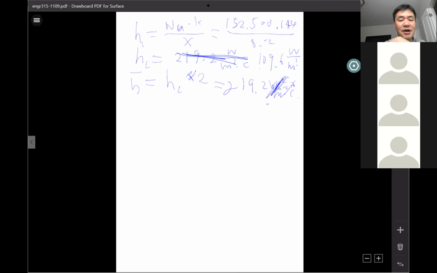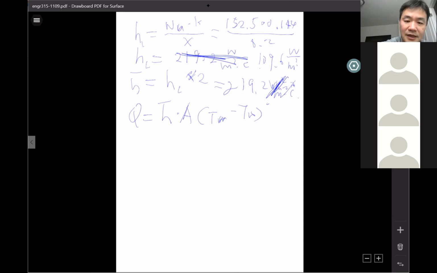Okay, so now you have the average heat transfer coefficient. How much time do I have? 3 minutes. Okay, so the overall heat transfer rate will be your average heat transfer coefficient times area times the temperature difference, T_w minus T infinity.